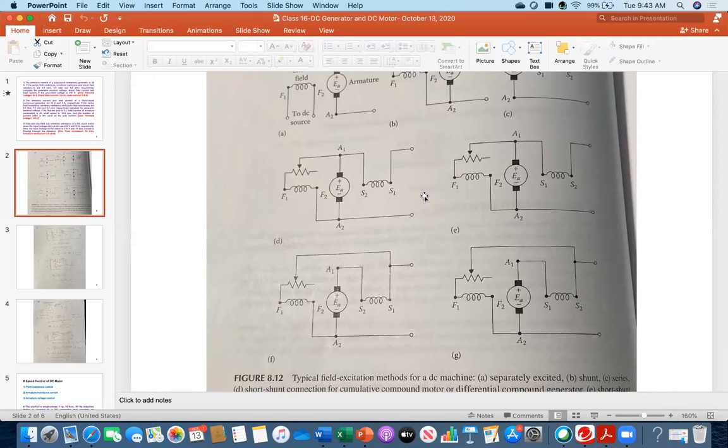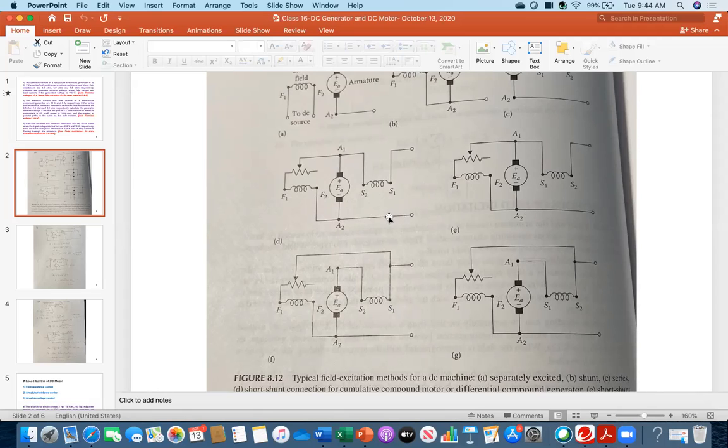These middle figures, figure D or figure E, are the short shunt. Therefore, everybody please draw either of these pictures, D or E. See, this is the short shunt. And of course, the bottom one was the long shunt that you did in the previous problem number 1. So now everybody please draw figure D or figure E.